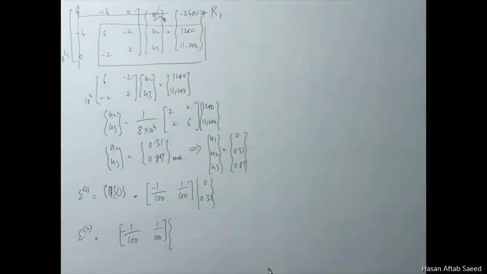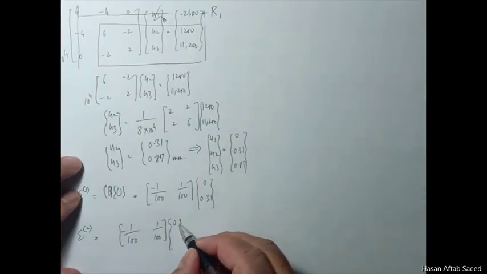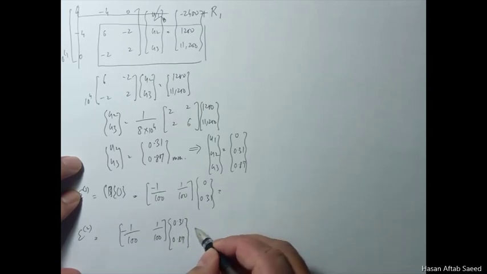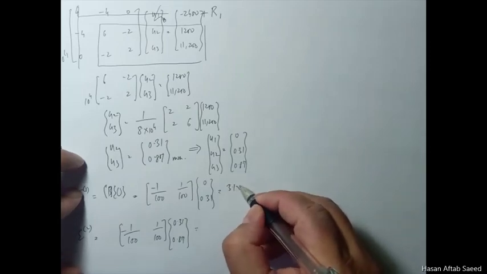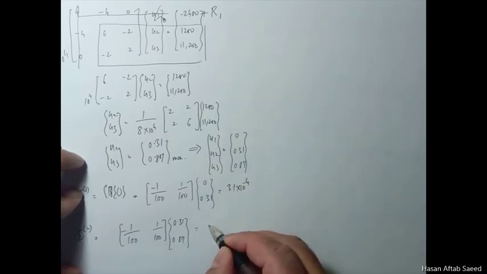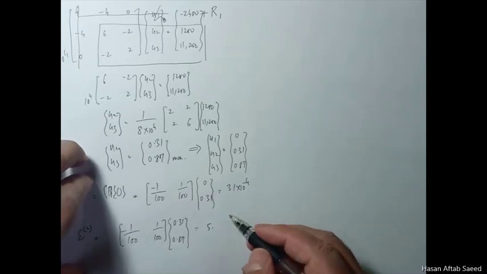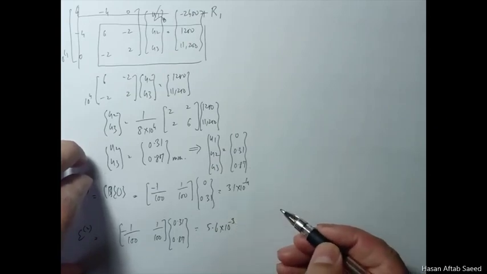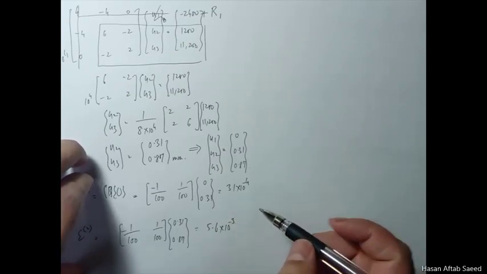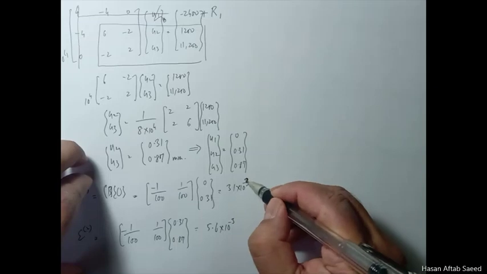The first element's nodes were 1 and 2, that is why in this case we have 0.31 and 0.87, and on calculation this comes out to be 3.1 into 10 raised to the power minus 4, and this comes out to be 5.6 into 10 raised to the power minus 3. This one is also minus 3.